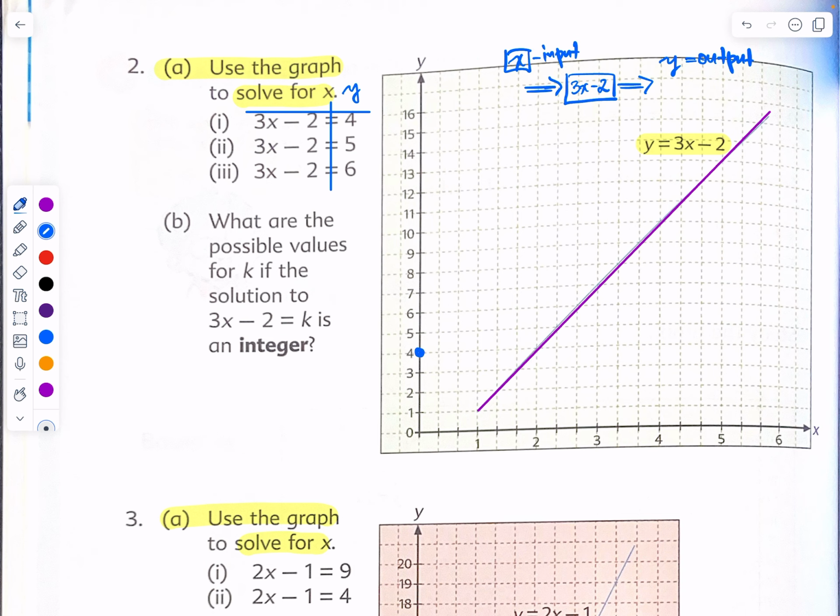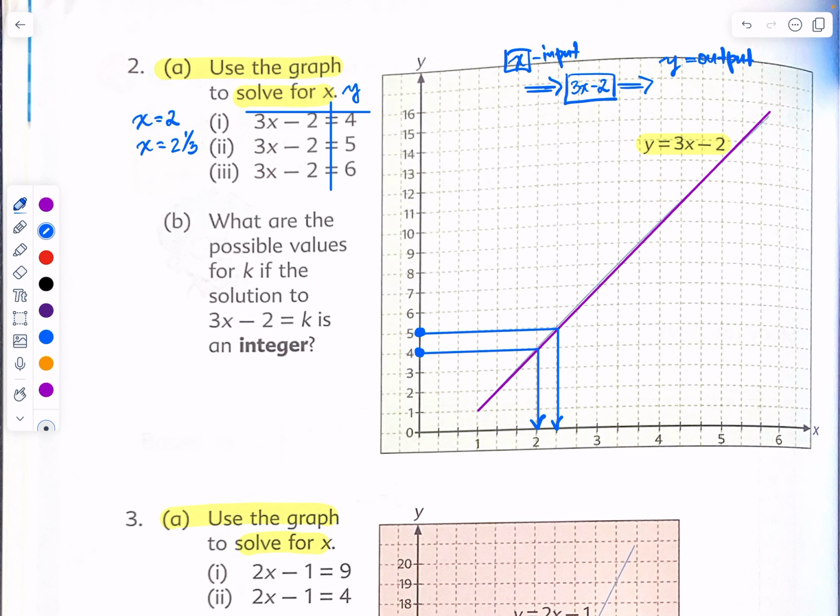So when y equals 4, we navigate towards the graph. We drop down. X must be equal to 2. When y equals 5, that's the next question. Here is y equals 5. We put our eyes to the graph. We drop down to the x-axis. X must be equal to 2 and 1/3.